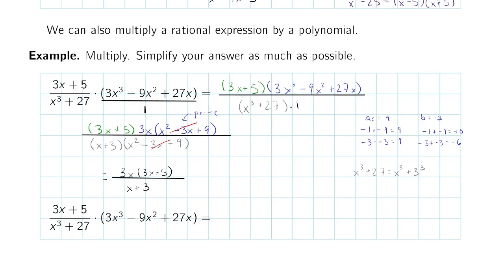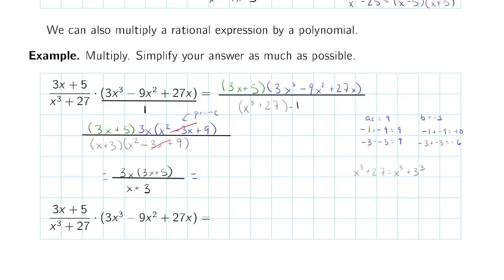You might be thinking, hey, can I cancel these 3's? And the answer is no, you cannot cancel those 3's because the one in the denominator isn't a factor, right? We're not multiplying by 3, we're adding 3.